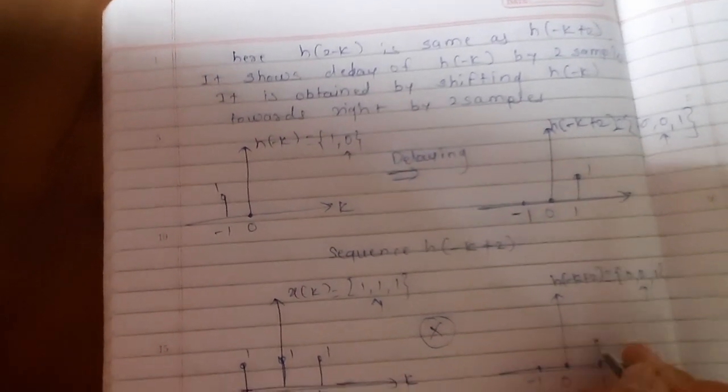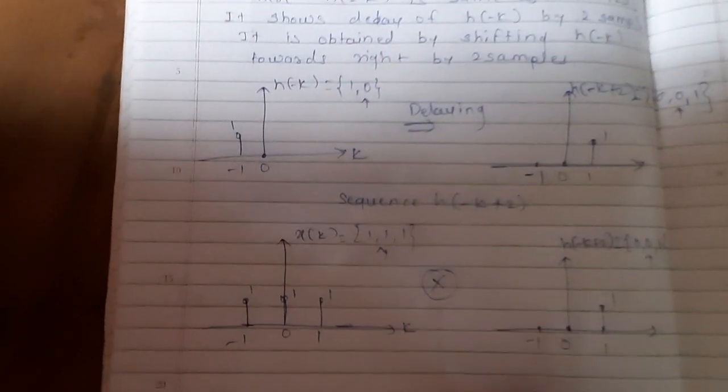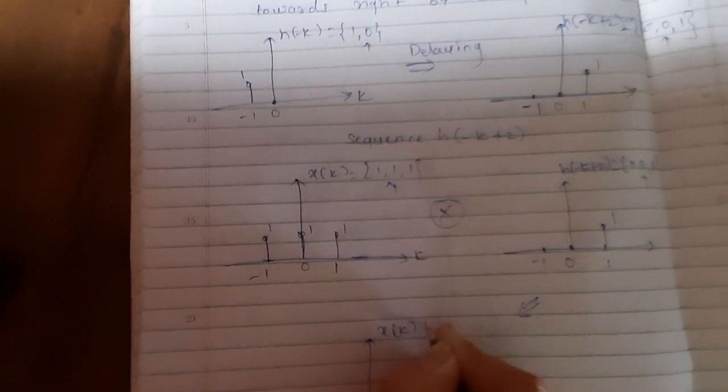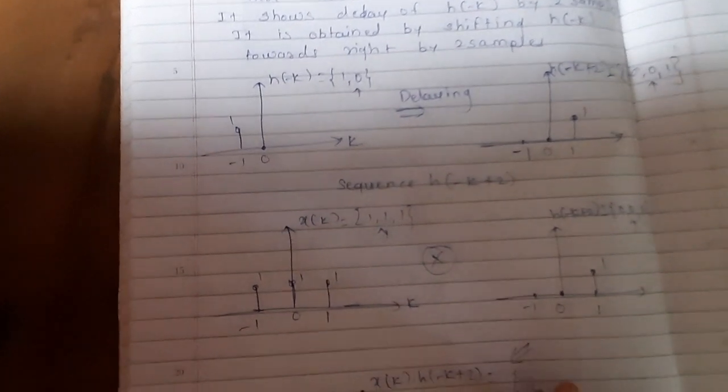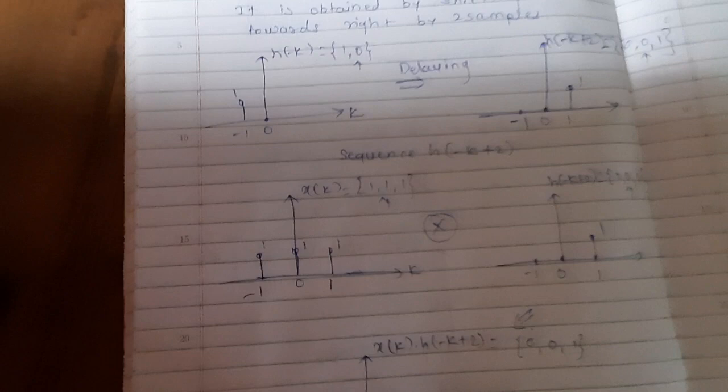So the output of these two multiplication, x of k into h of minus k plus 2, is 0 0 and 1.